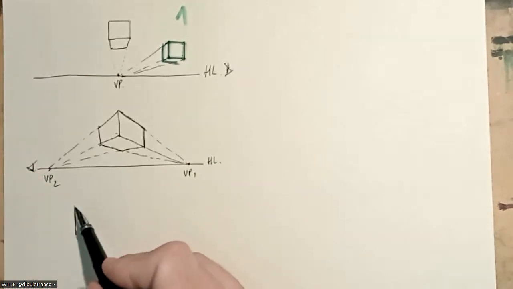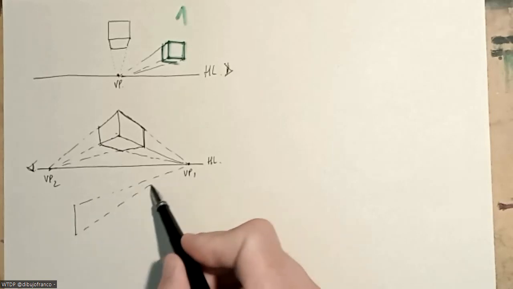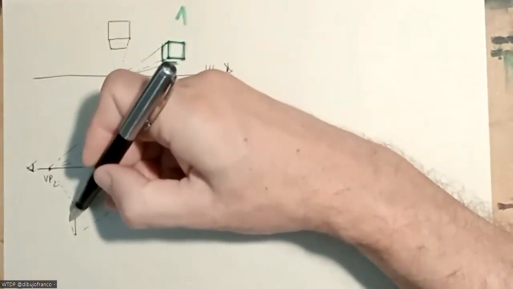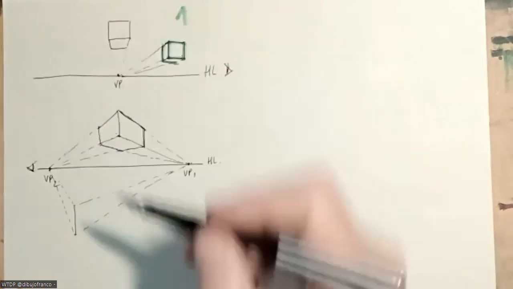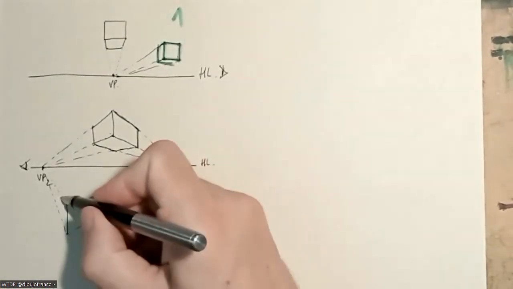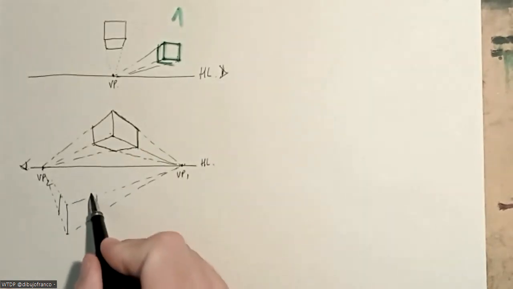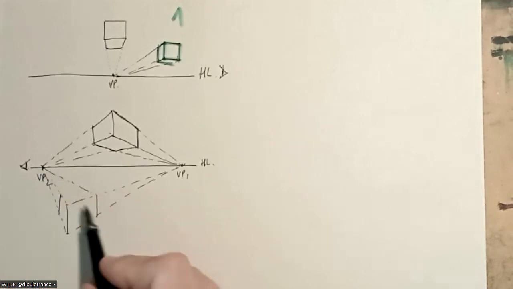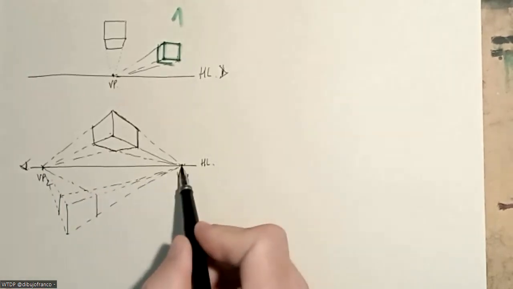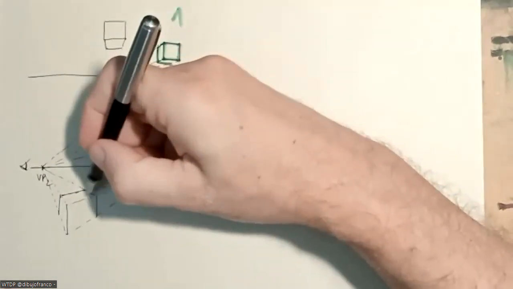So I will be sending the lines to this vanishing point side. I will be sending the lines to this vanishing point, and from there I could be constructing my box. Okay, so from this one on the right, I will be sending to the vanishing point on the left, and this other one on the left, I will be sending it to the vanishing point on the right. So there I can have my box.